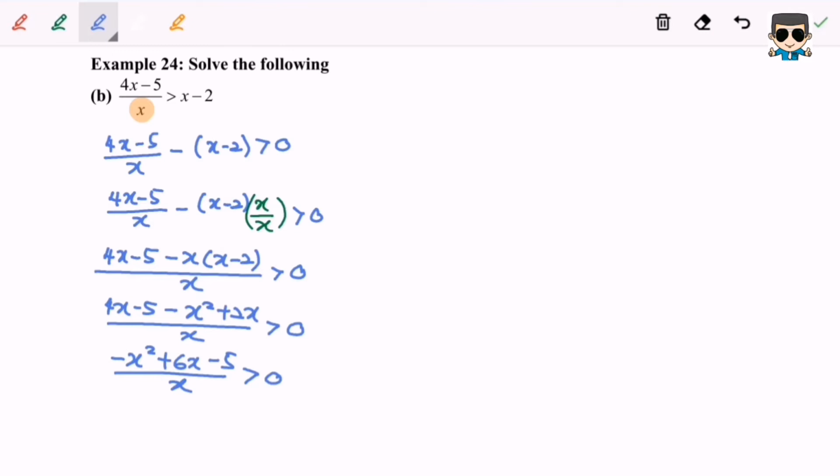Now I'm going to rearrange the situation so that the coefficient of x squared will become a positive 1. So now I'm going to transfer to the right hand side and we will have x squared minus 6x plus 5 over x less than 0.